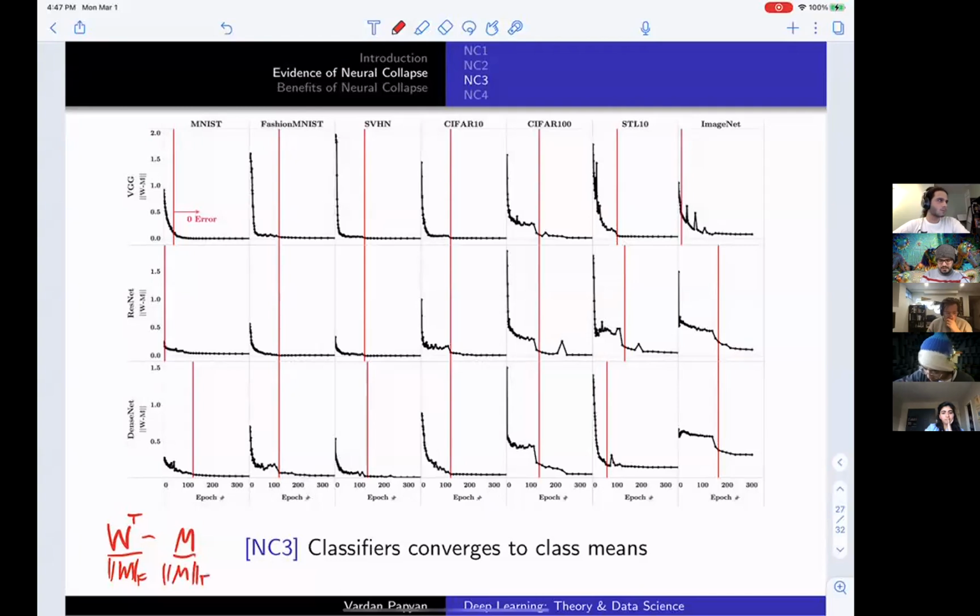So we're normalizing it to a unit Frobenius norm, and then we're seeing how close these matrices are. And you can see how in most cases you get very small self-duality. You can see how in ImageNet you get small self-duality for VGG.